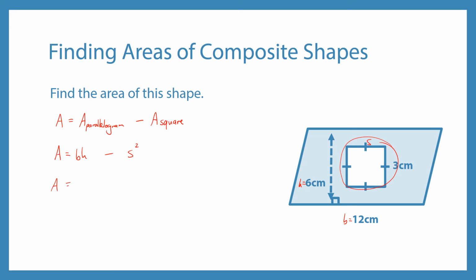So we get A equals 12 times 6 minus 3 times 3. So A is going to equal 72 minus 9. So we're going to end up with 63 centimeters squared. So we took the area of our parallelogram, and took away the area of our square.